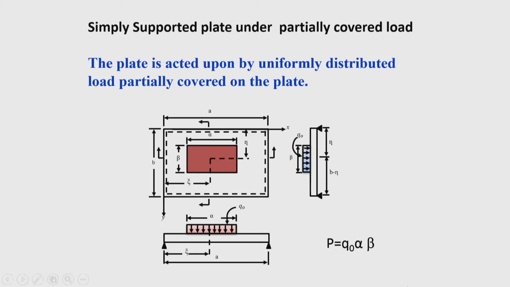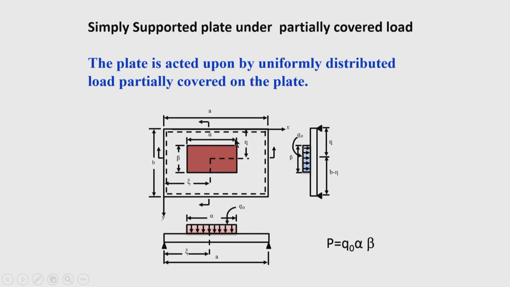Okay. So, let us recapitulate the earlier expression that we have derived. We have shown you earlier that a rectangular plate of length a and width b is subjected to a patch loading of rectangular area, uniform intensity, and the load covers the area alpha cross beta.